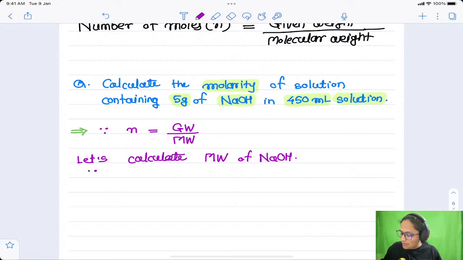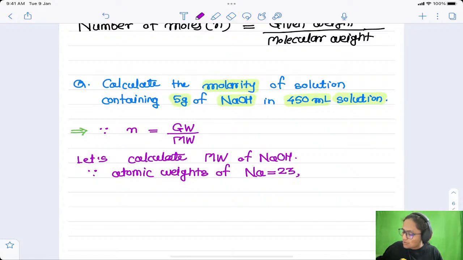As we know, the atomic weights of sodium is 23, oxygen is 16, and hydrogen is equal to 1 atomic units.